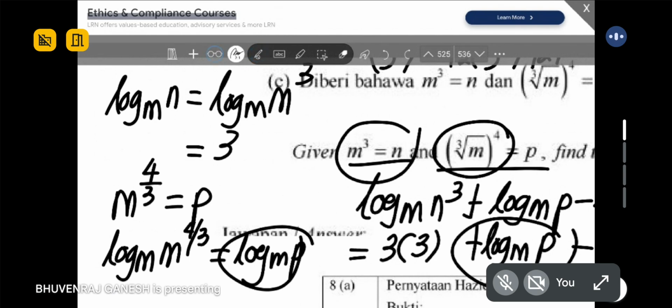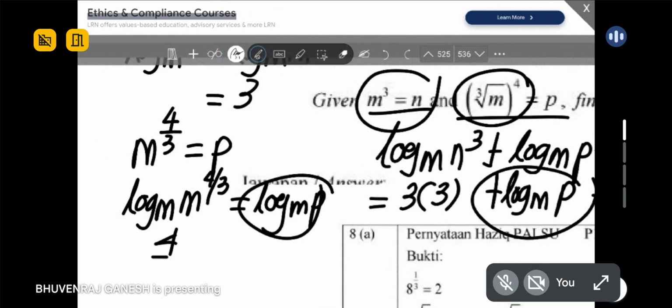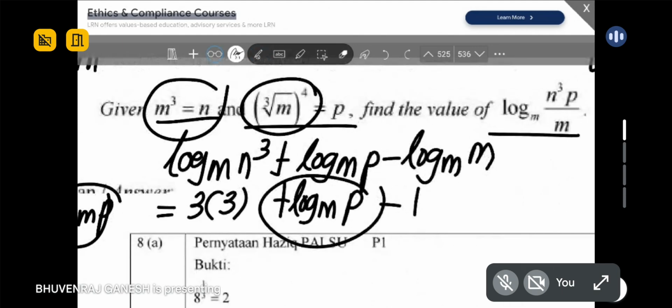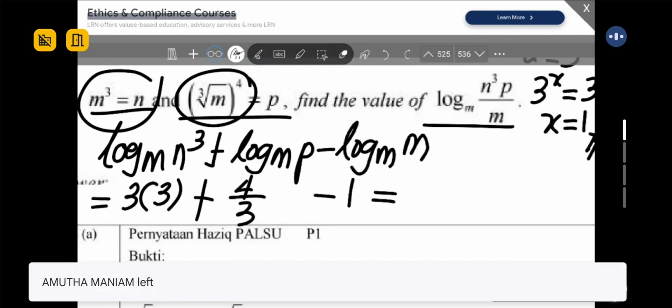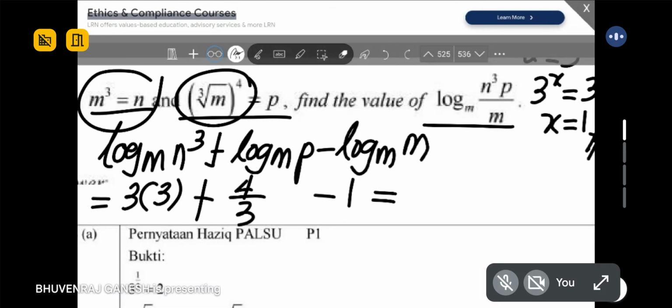So the answer is 4 over 3, right? This one you will just get 4 over 3 equal to log mp. So substitute this with 4 over 3, tambah 4/3. So guys, you can find the answer already, right? So final answer plus 4 over 3. Your answer is 28/3. 28 over 3. Are you clear, guys?